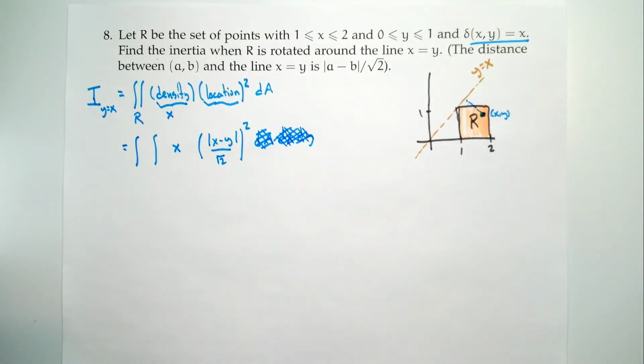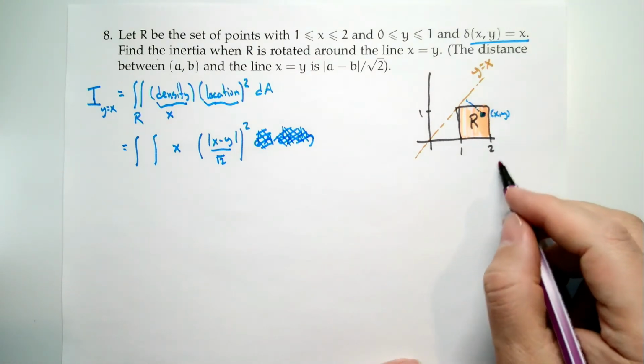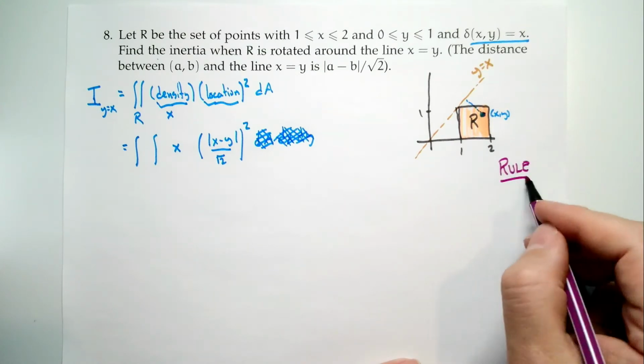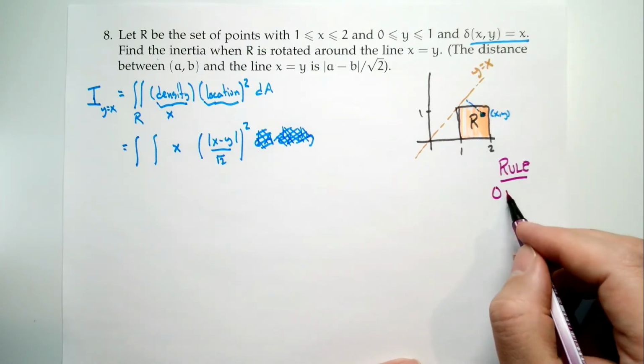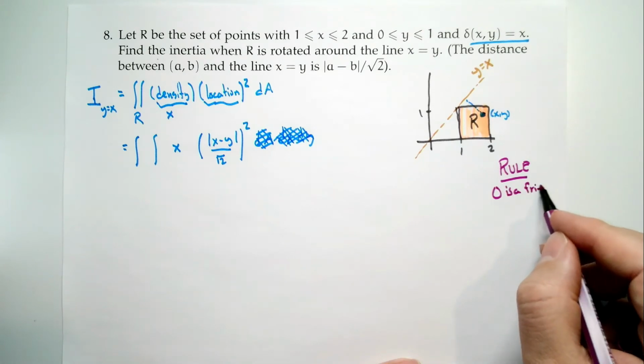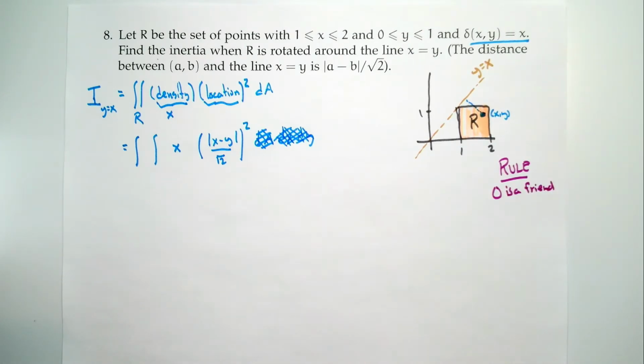There's something I said a while back, and I'm going to say it again today. You probably know where I'm going with this, but remember, there's a nice rule to always keep in mind, which is 0 is a friend. Whenever we can get 0 involved in a problem, we should.